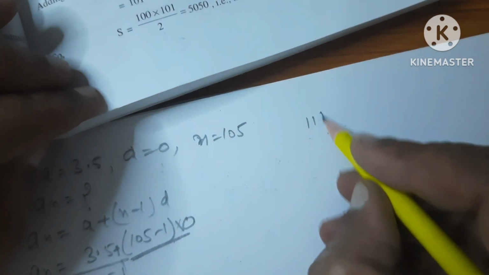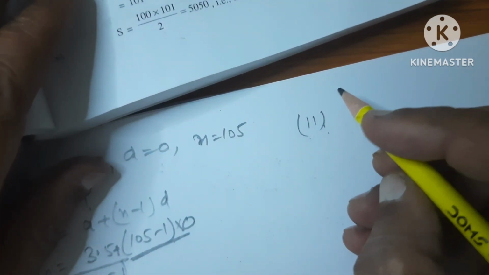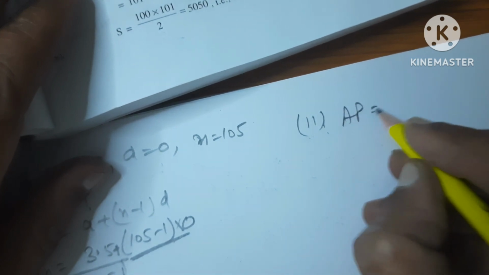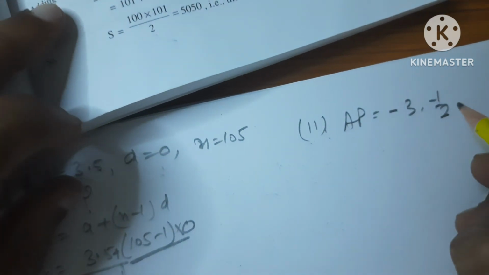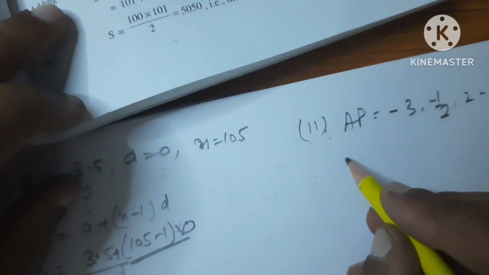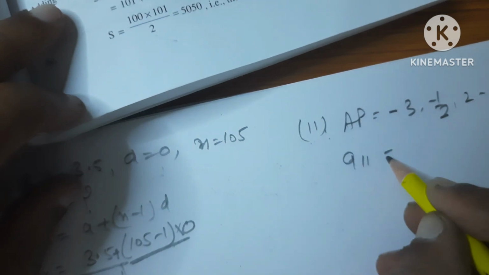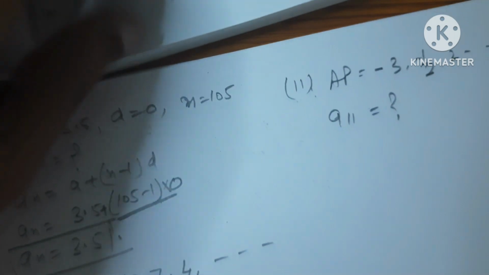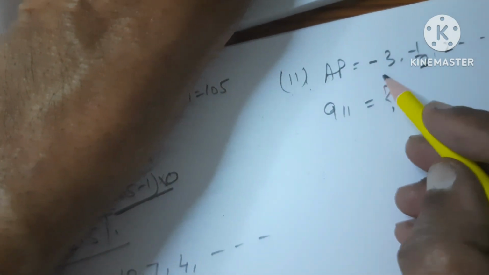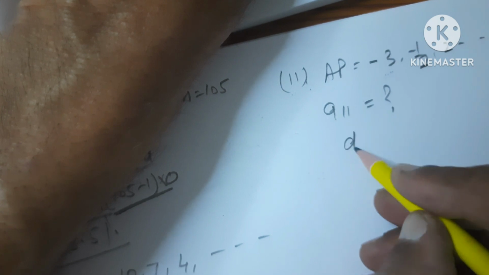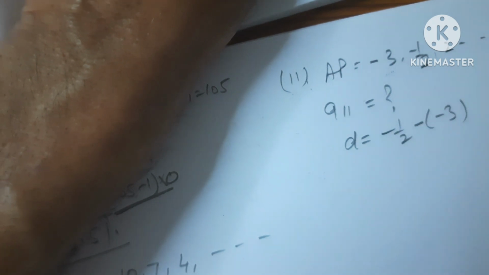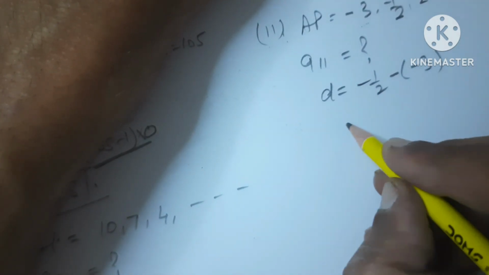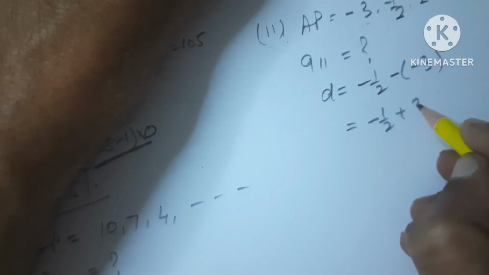Second part of this question. Second part is AP is minus 3, minus 1 by 2, and 2. A11 we want to find out. So let us find a, this given first term, and d is equal to minus 1 by 2 minus 3. It is equal to minus 1 by 2 plus 3.